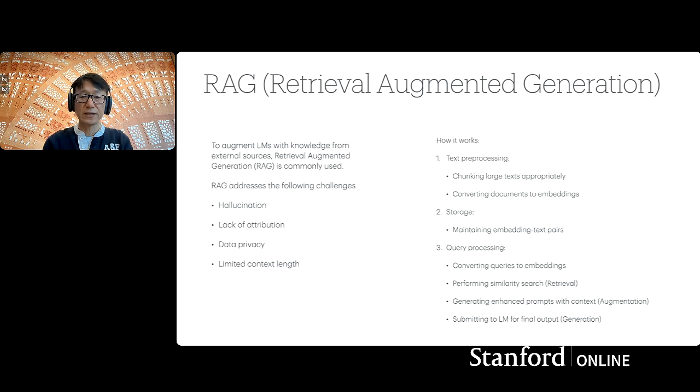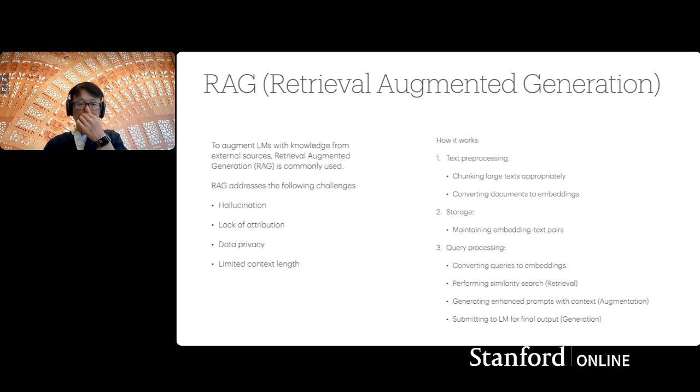This allows you, as an application developer or a system developer, to prepare systems so that you could use your own proprietary data set or text, and make good use of a small context length because it only selects the relevant data.